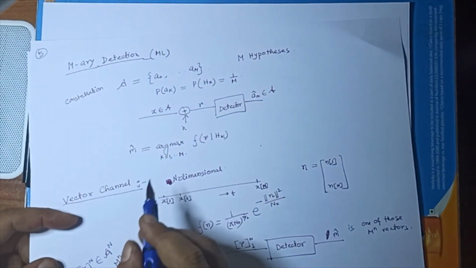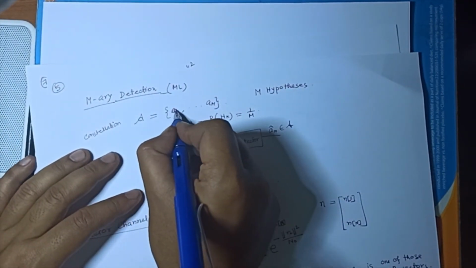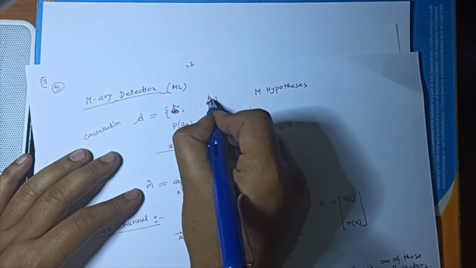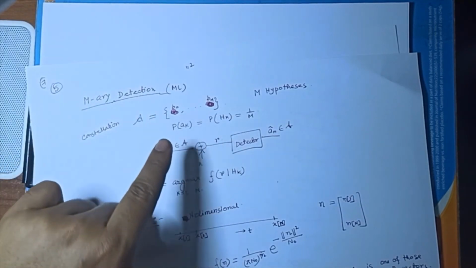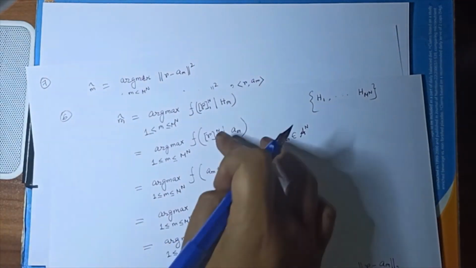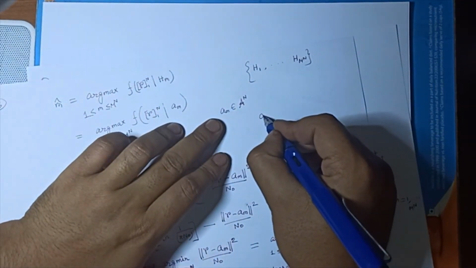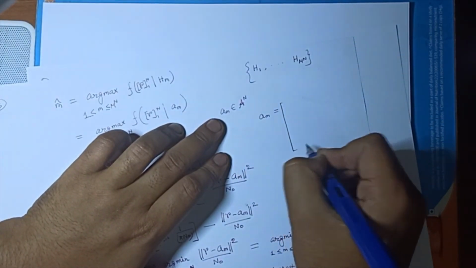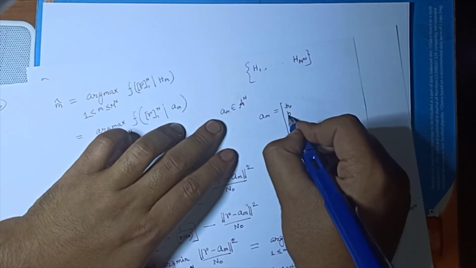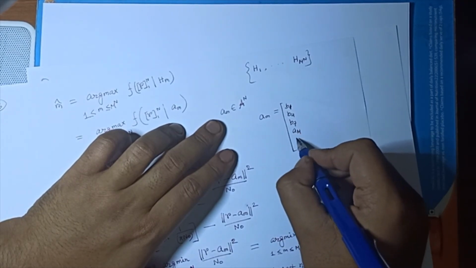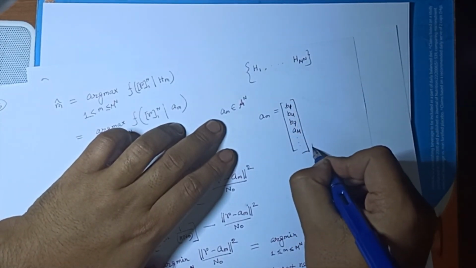The symbols are B0 to BM. Those are the original symbols for one time point. Your am, what we have developed after that, is nothing but a vector of those B's. One example of am is B0, B1, B4, B7, BM, etc. So this is a vector of n cross 1.